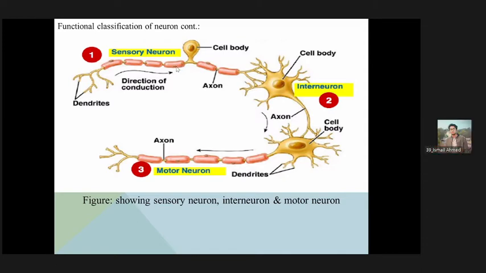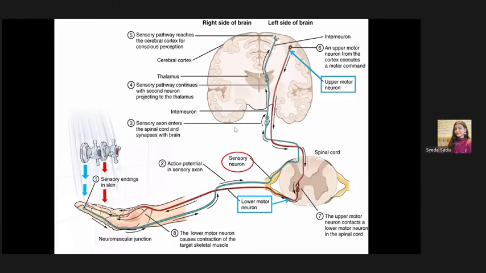Dorsal root ganglia. We will find this type of neuron in the dorsal root ganglia. This free nerve ending will receive information and transmit that information toward the central nervous system.